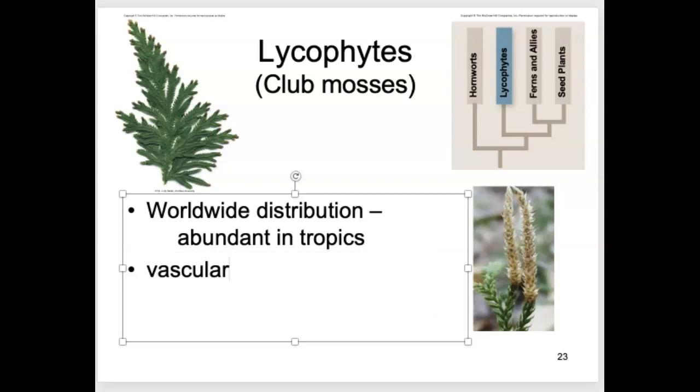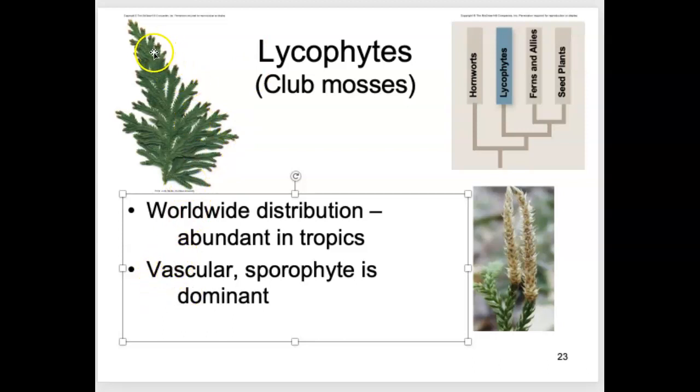They are vascular, so they will have a conduction system, but a big difference with this group compared to the hornworts, mosses, and liverworts is that the sporophyte is dominant in this group.